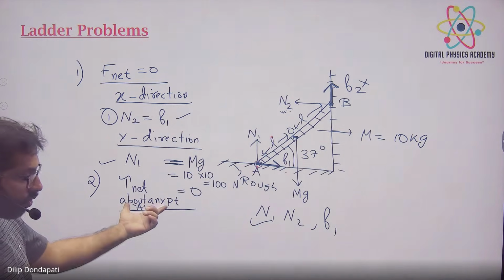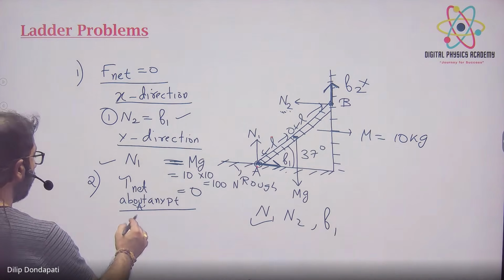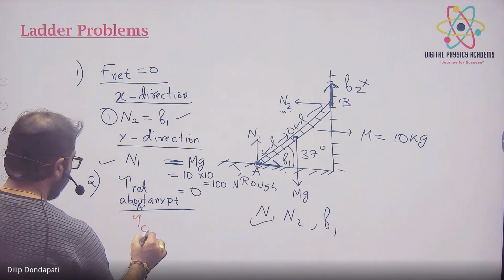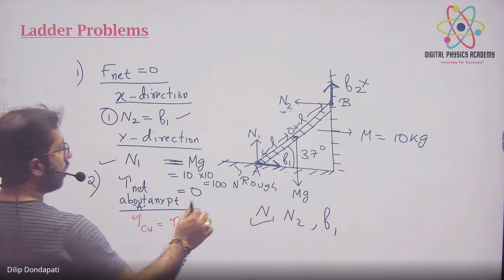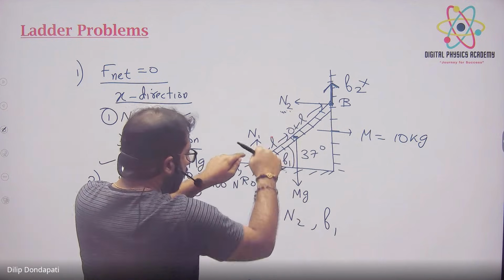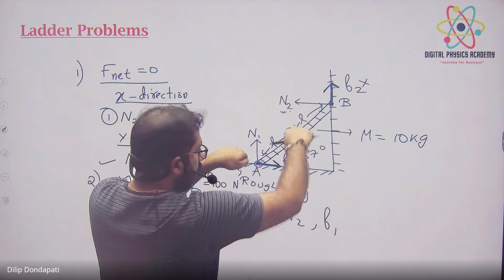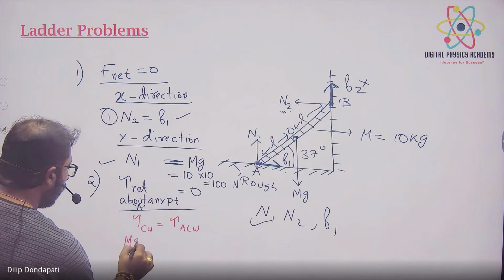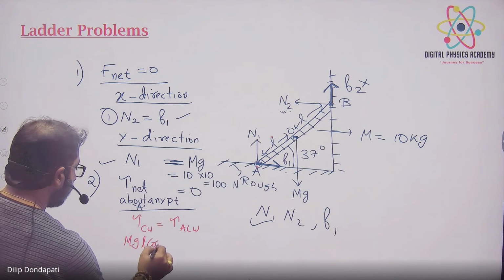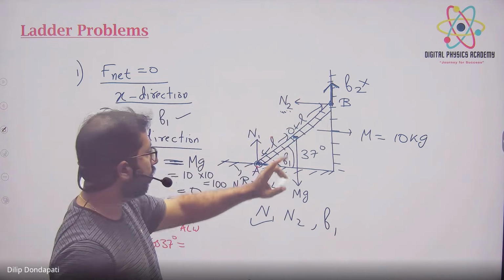See, we have to know that clockwise torque is equal to anti-clockwise torque. So इस force को इस point के about it is rotating the body clockwise, right? So mg into L cos 37 is equal to anti-clockwise में. Tell me, anti-clockwise और दूसरा क्या है?